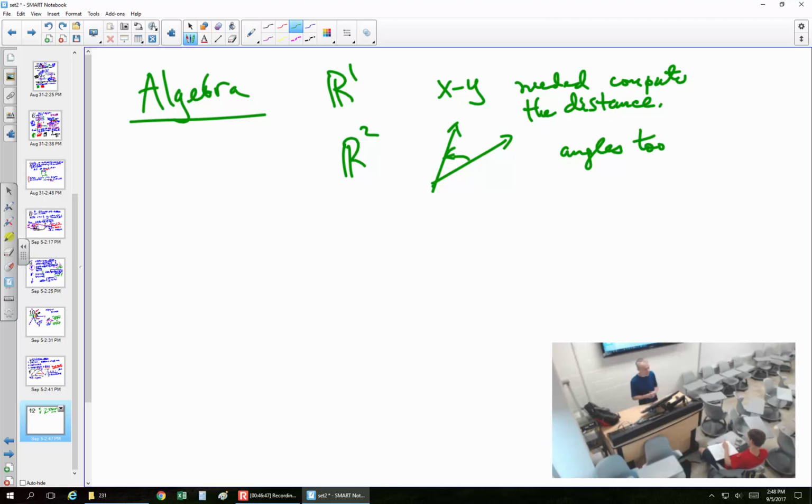Well, actually, let's start with R1. It seems like there are no triangles in R1, so there seems to be no angles, but there are actual angles.